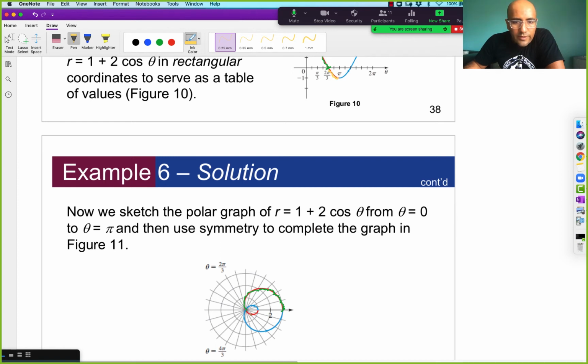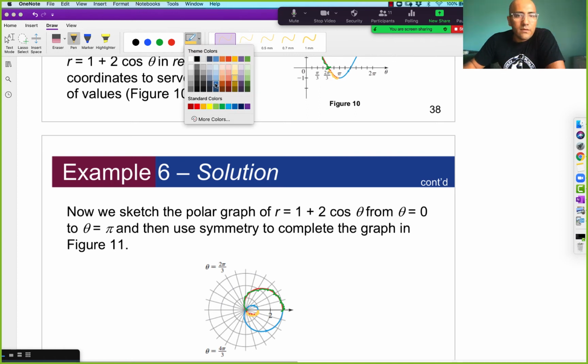We're in quadrant 3, but really we're going to be graphing this part of my graph. Good. And then the next part, let's leave it as blue.